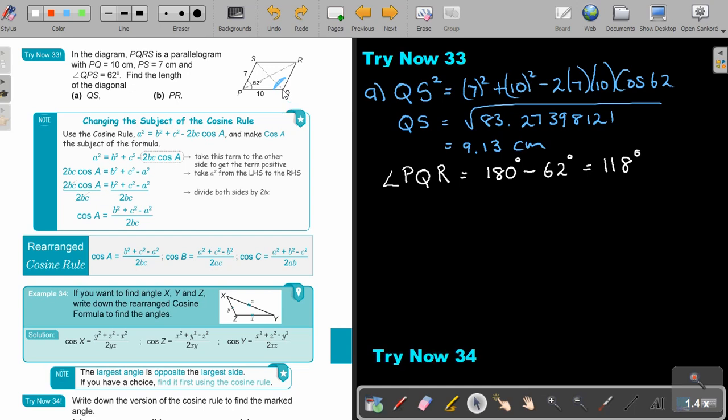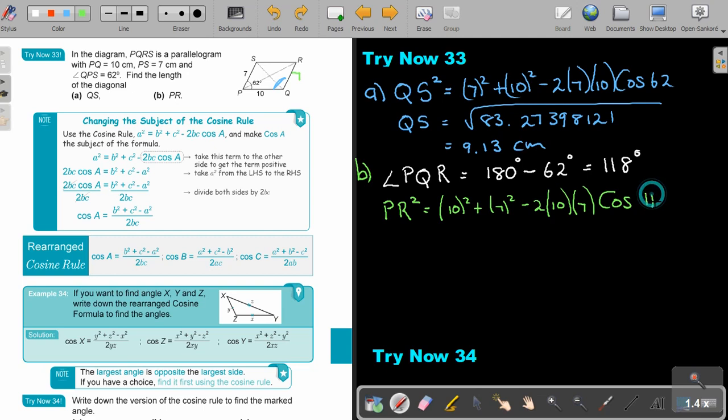Okay, and then I will just ask for PR, so I start again. This is now number b. So I just say PR squared. And now, let's just see. If that's 7, that's also 7. So that is going to be 10 squared plus 7 squared minus 2 times 10 times 7 times cos of that 118.